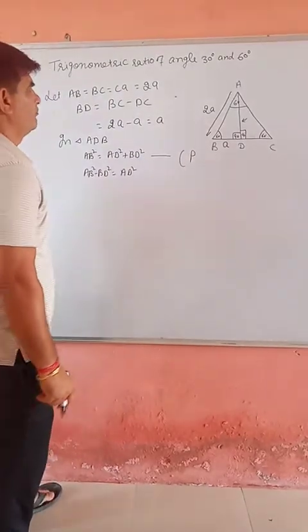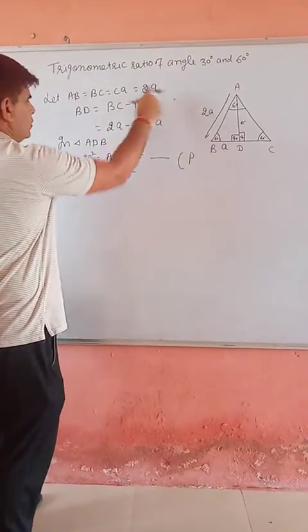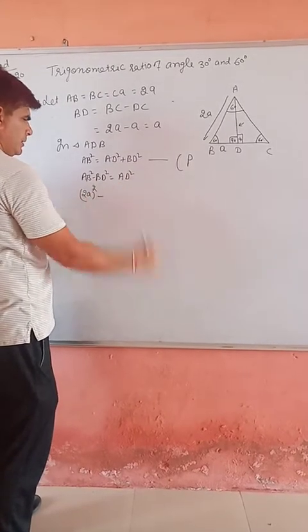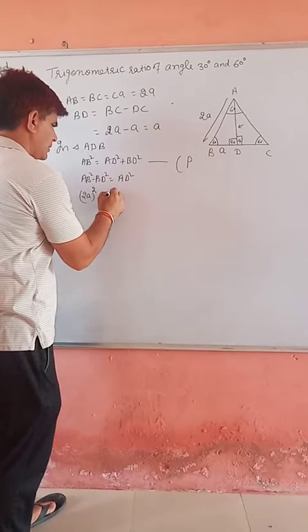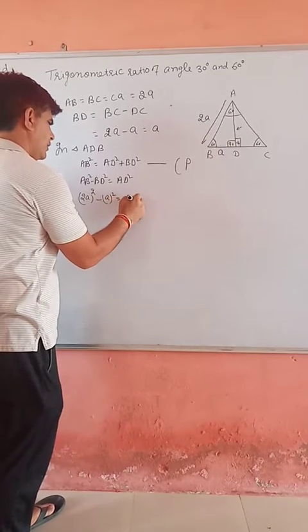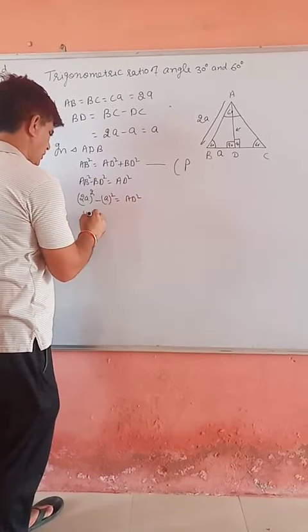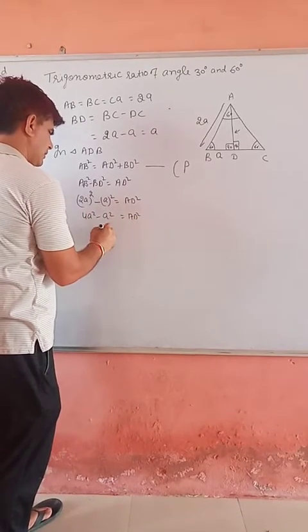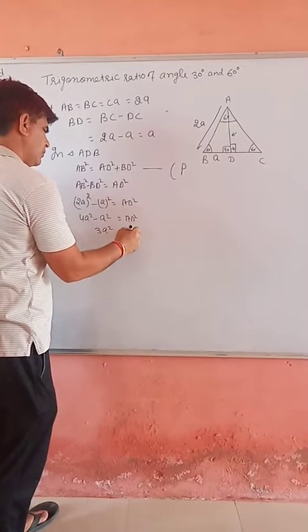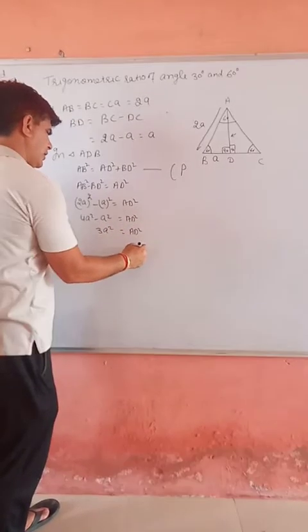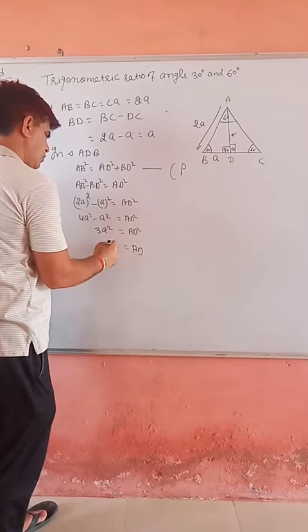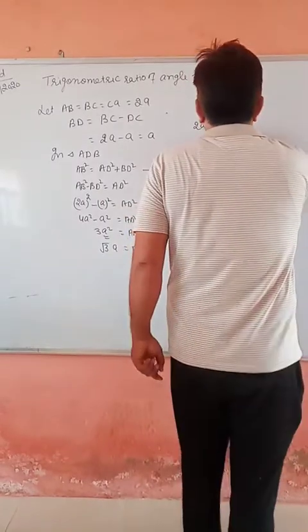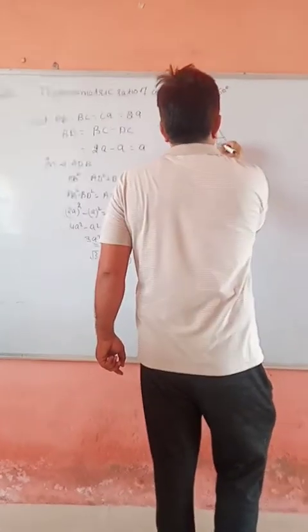So (2A) whole square minus A square is equal to AD square. This is 4A square minus A square is equal to AD square. 3A square equal to AD square. So AD is equal to √3A. A comes outside from the √3. So its value is √3A.